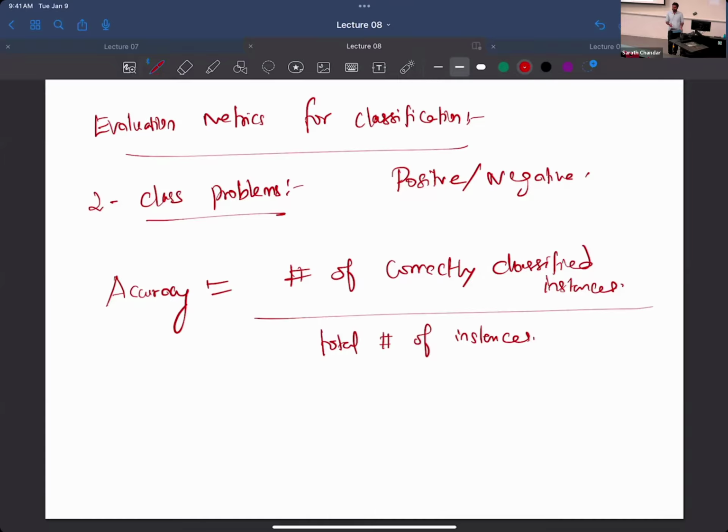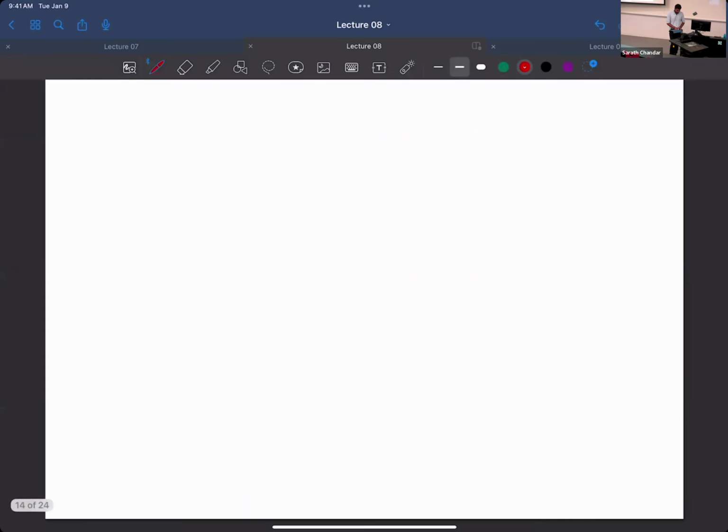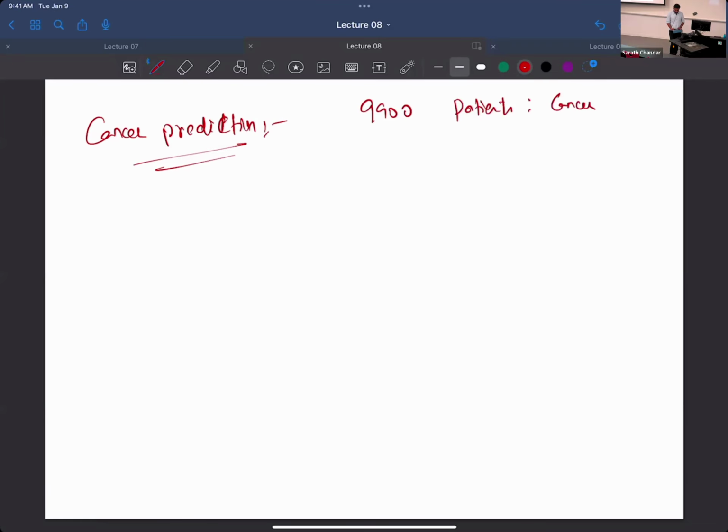Now we saw the cancer example, right? Typically accuracy is not a good evaluation metric all the time. The best example is really the cancer prediction task that we saw. So let's say I want to do cancer prediction and I have 9,900 patients where cancer is equal to no and 100 patients where cancer is equal to yes.